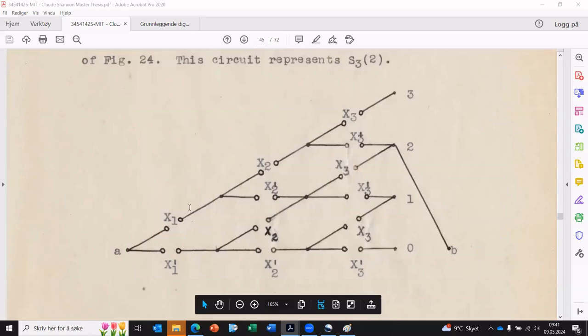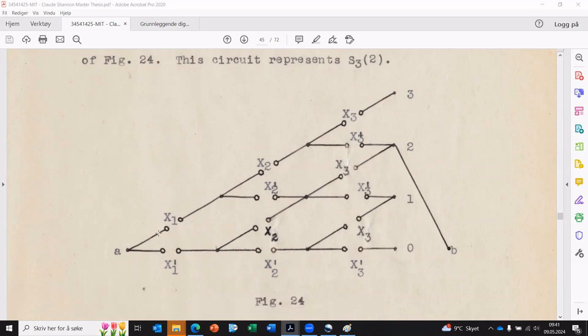And contrary to Claude, we will say that when things are going up, this here is closed. And when we are on the same level, then it's open. And here you see that we have a circuit that represents S32. 3 means the number of levels we have up here, and 2 is where we are taking out the signal.